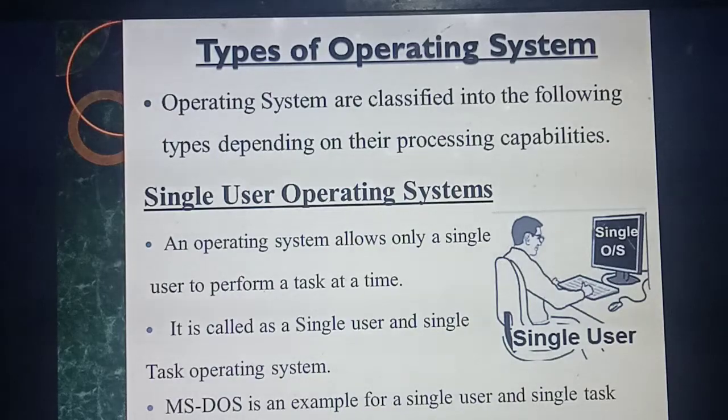Understood? The first type of operating system is the single user operating system. So what's the first type? Single user operating system. The name itself says single user. Single user means that the operating system will allow only one user at a time.